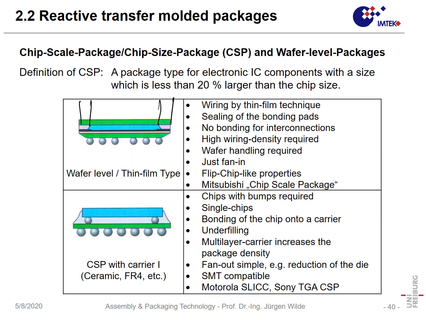But we have more. Some people thought, why molding? We just put the chip as a flip chip on top of that printed wiring board carrier. That carrier is also called interposer.